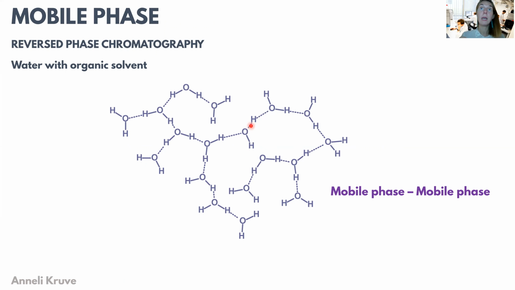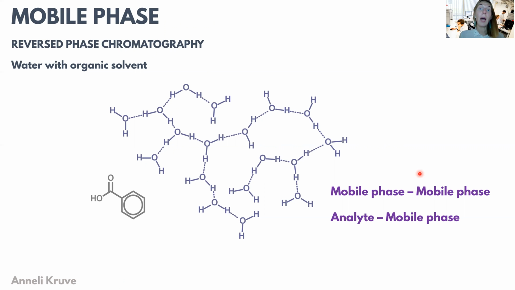Each of the water molecules is almost bonding with a hydrogen bond with the next water molecule in this mobile phase. And this means that the mobile phase molecule interactions are very, very strong. So mobile phase interaction is very strong.